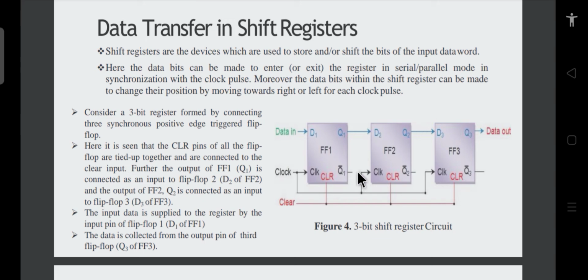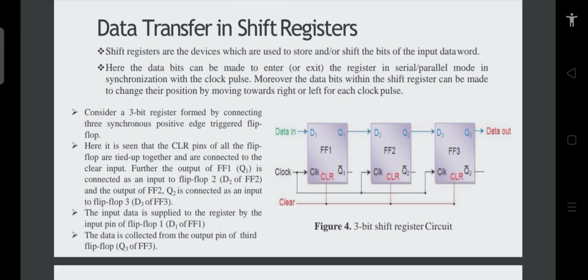In this diagram, you can see that the data input is serial, from one flip flop to another flip flop. And why am I saying serially? Because the output of the first flip flop is connected to the input of the second flip flop. If the inputs are separately tied to the input bit word, then they are called parallelly fed.